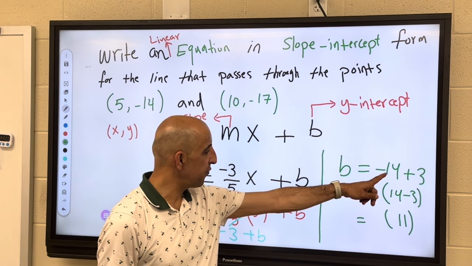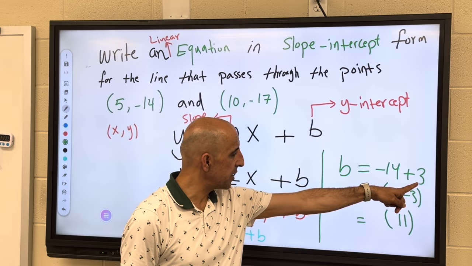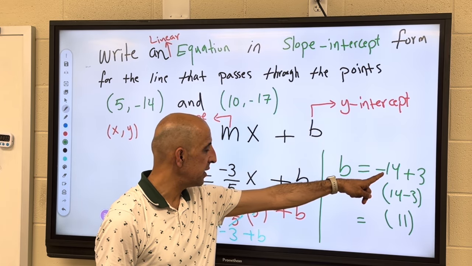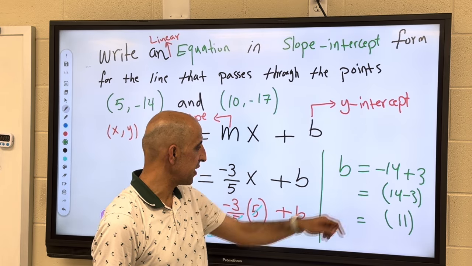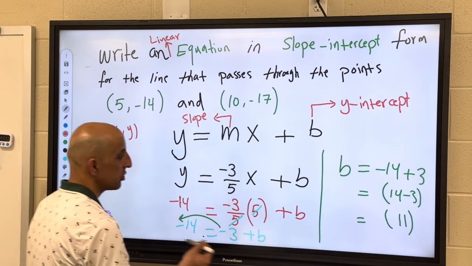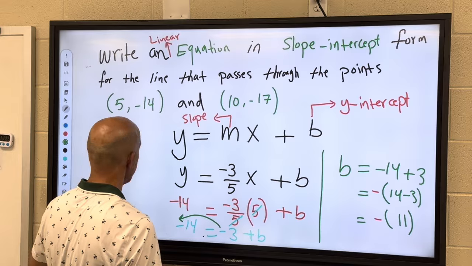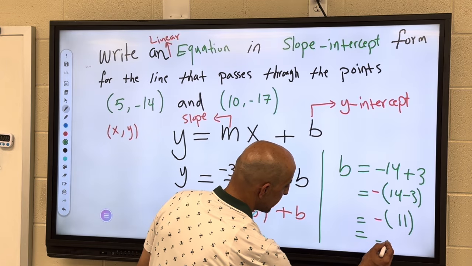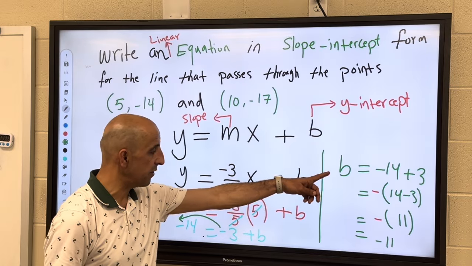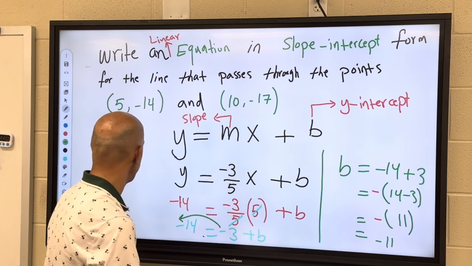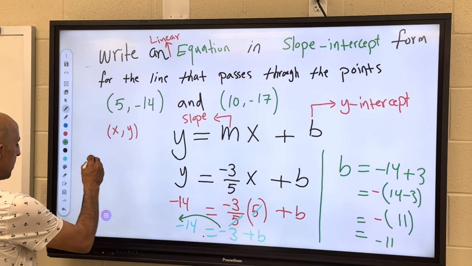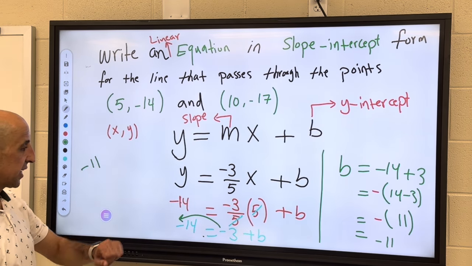But we know that 14 is bigger than 3 and 14 has the negative sign, so the answer should have a negative sign, and finally the answer is negative 11. So the value of b in this case is negative 11. Remember this number.